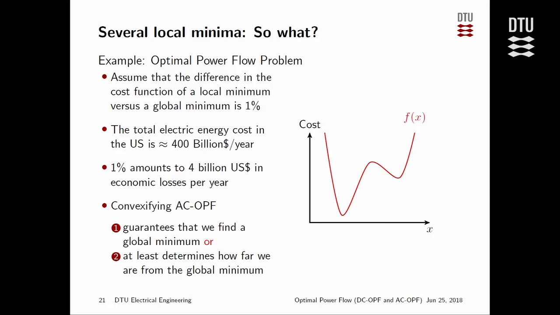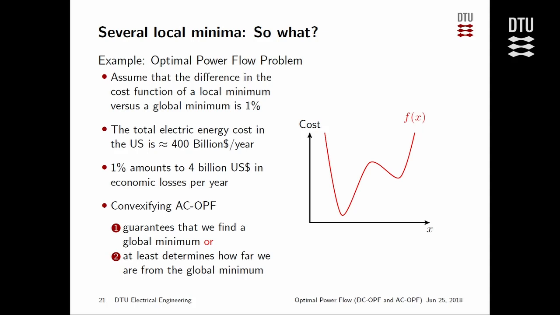So why do we want to convexify that? Why is it so important for us to find the global optimum? Let's suppose we have the optimal power flow problem, and our local solution might be here, for example, right? So we converge maybe to that solution while this is the global one.